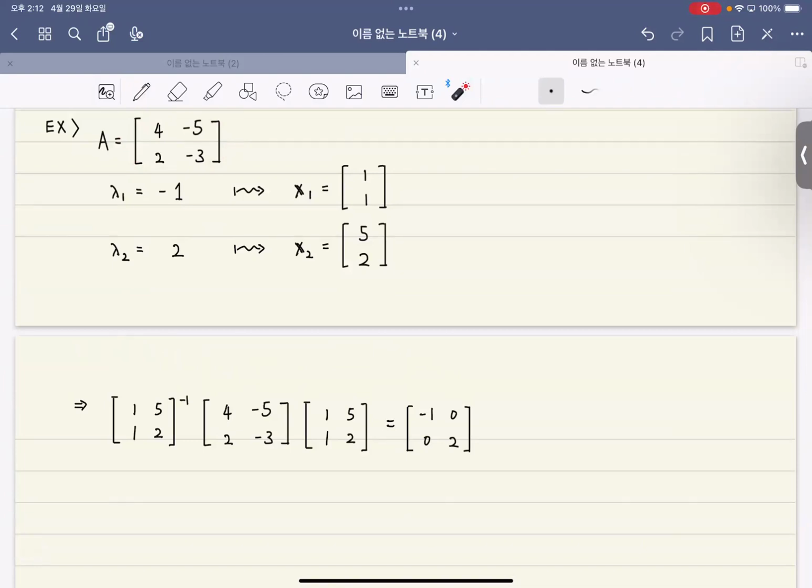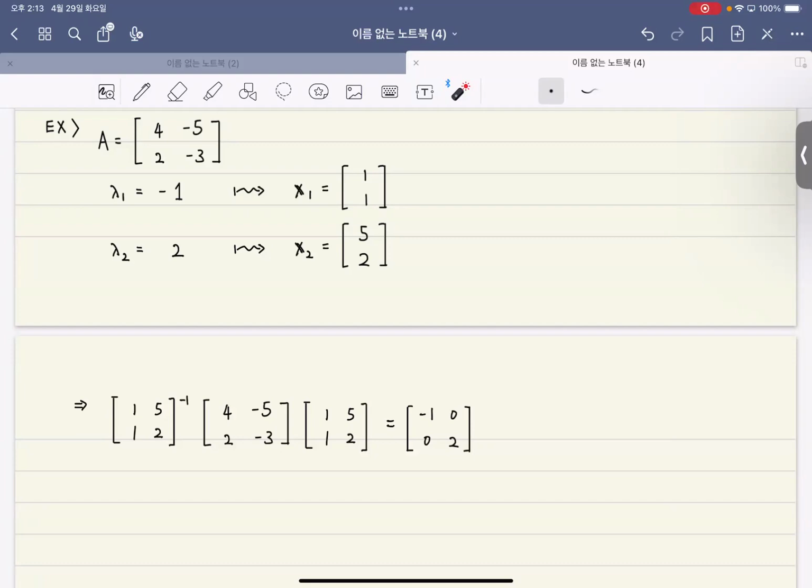Now I guess at this point we can all agree that diagonalization is very nice because it gives a very nice matrix representation of the linear transformation. But the question is, is diagonalization always possible? In other words, can I always find a basis consisting of eigenvectors?